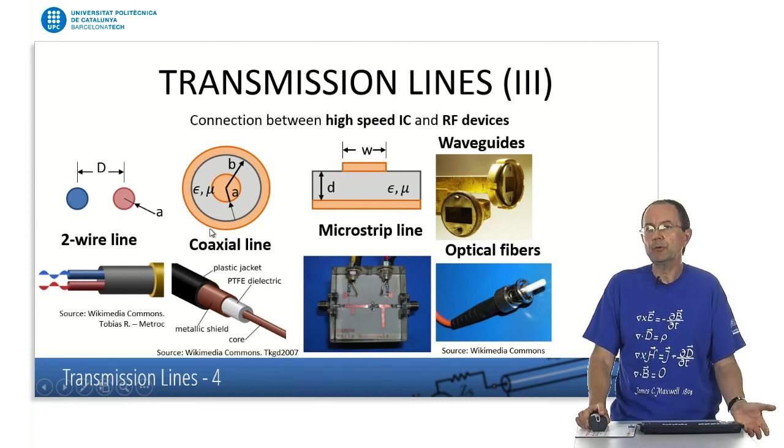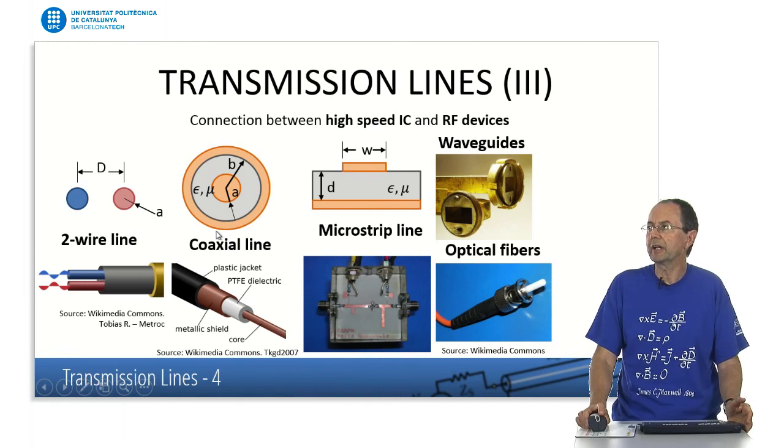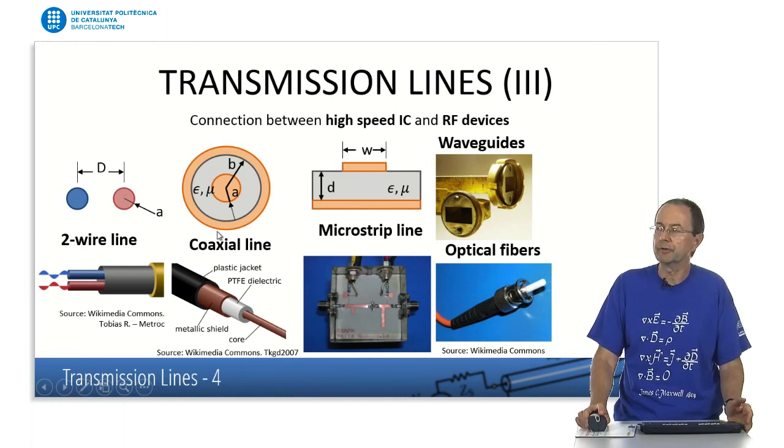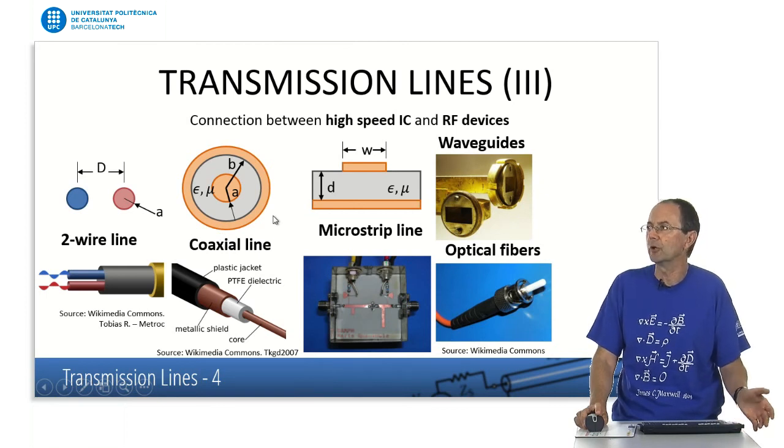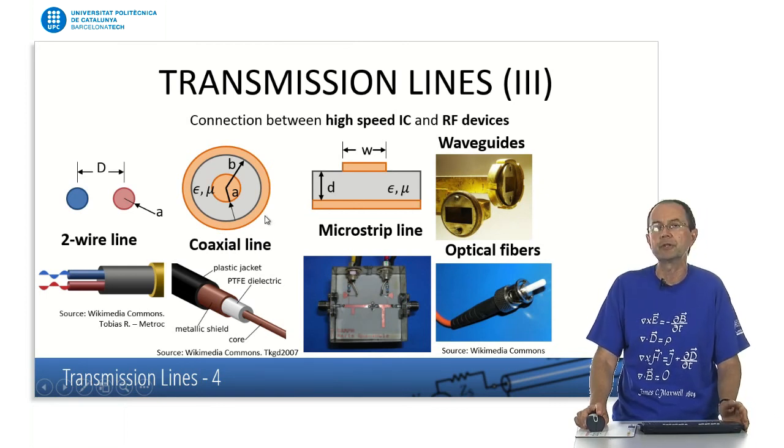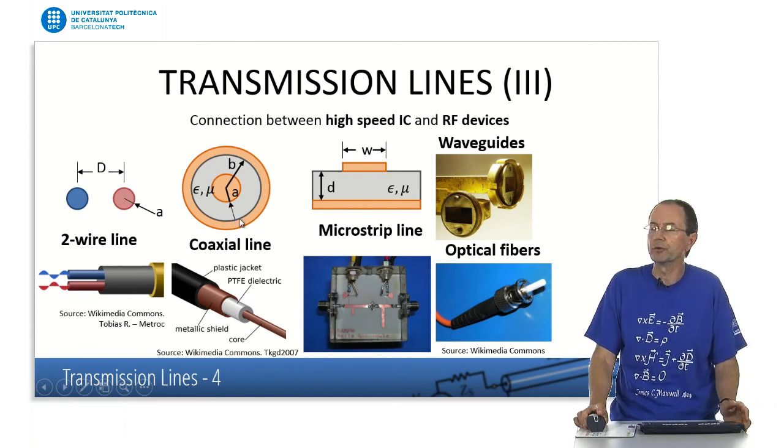When the frequency is high, or when you require a very high isolation between different lines, you use a coaxial line, typically in audio, video applications, and also radio frequency applications. Again, you have two conductors which are separated by a dielectric, and only the geometry of the line is changing from one example to another.